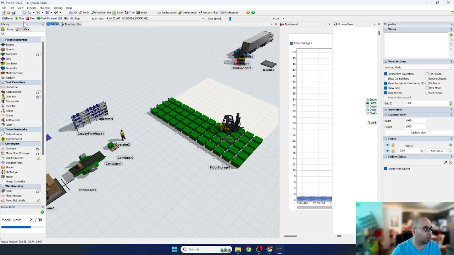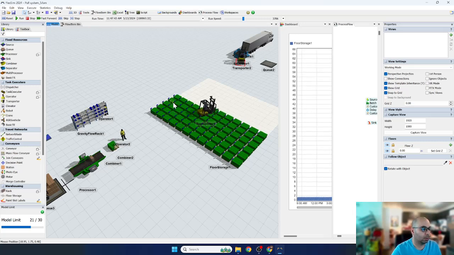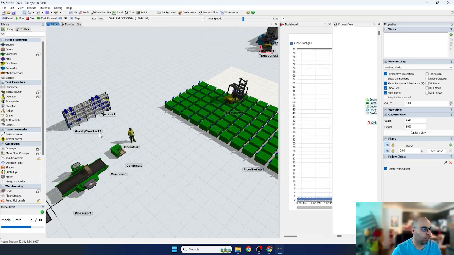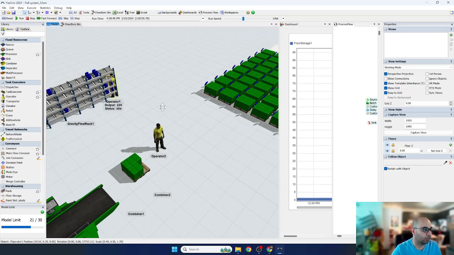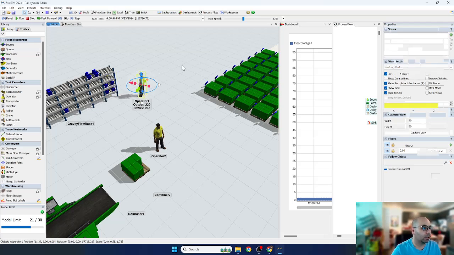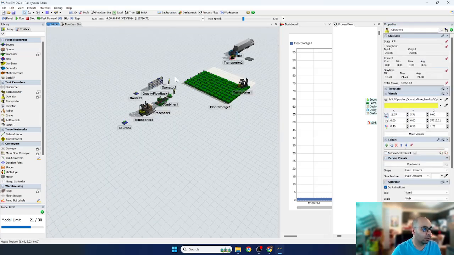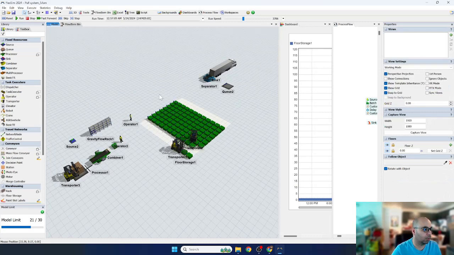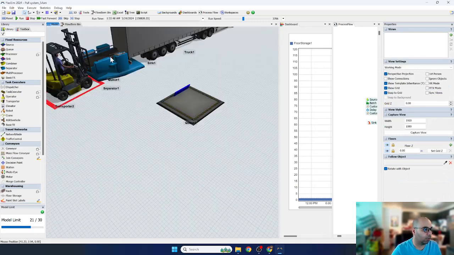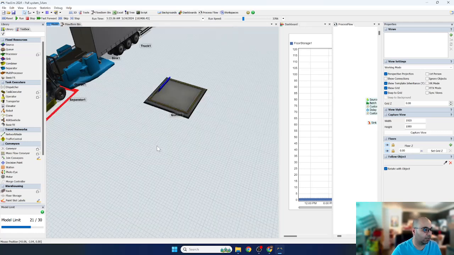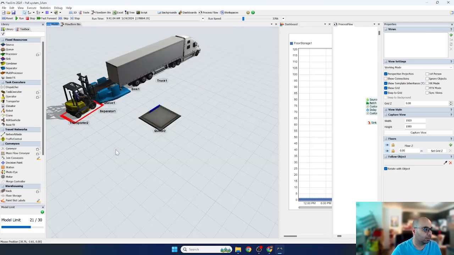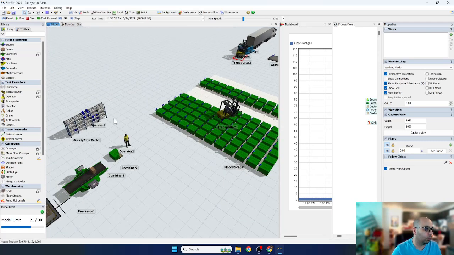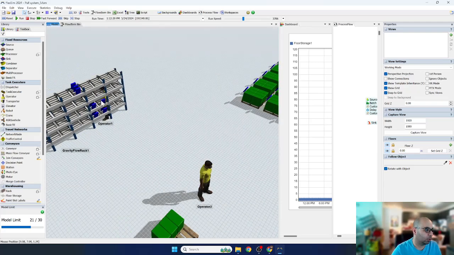So we're going to run the simulation faster. And this operator is actually moving the parts from the finished goods. They take the Kanban cards from here and move them back to the board.